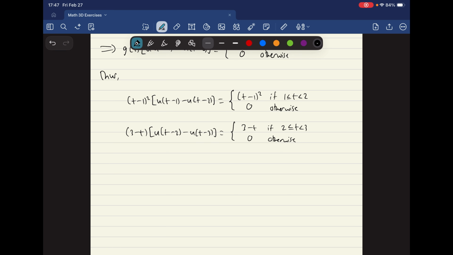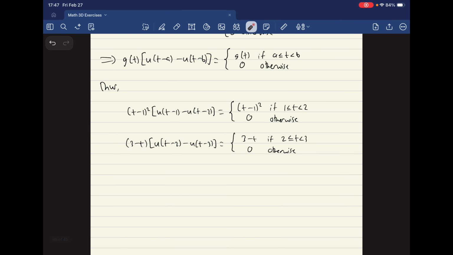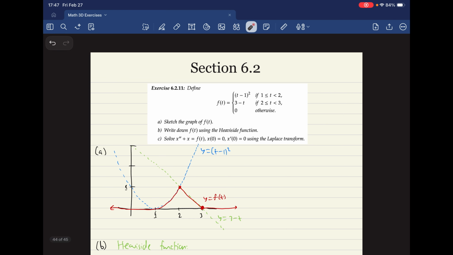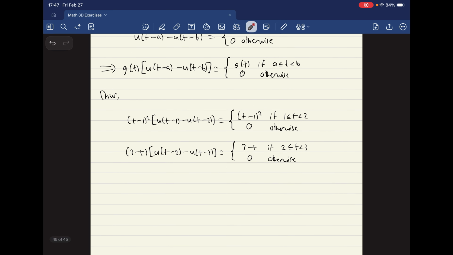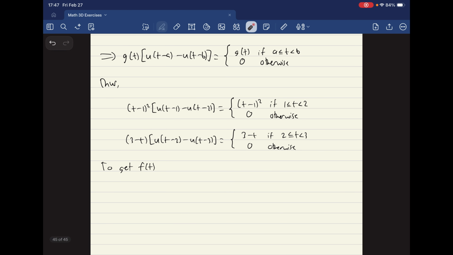Okay, so we're almost finished. We're getting surprisingly close to what we want because these functions are doing what we want them to do on their respective intervals. But now we need to combine them somehow to be able to get f of t, to have it be this on this interval, be this on this interval, and 0 everywhere else. Here, what we're going to do is just add up these two pieces.